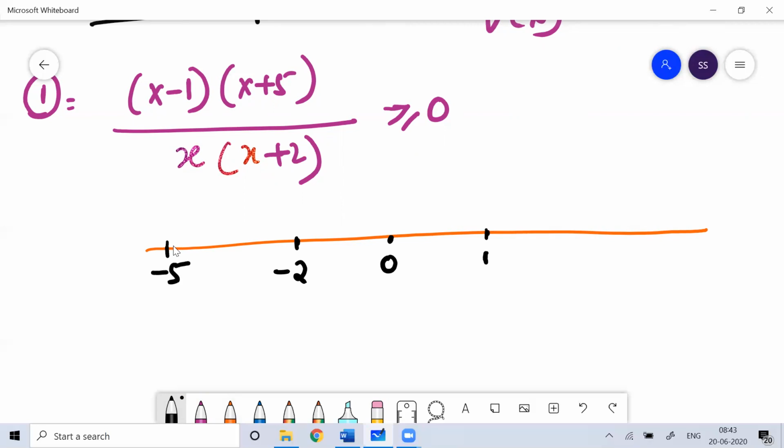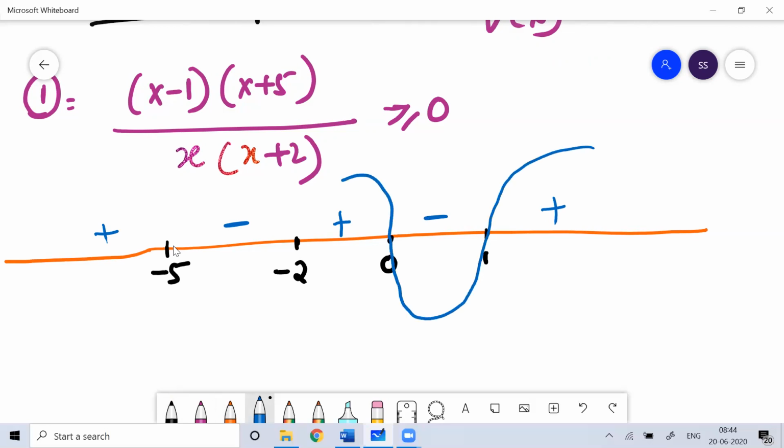All of them have power 1 only, meaning odd power only, so the sign will change. And x has a positive coefficient, so no problem. This will be plus, minus, plus, minus, plus. Then I can draw the wavy curve.